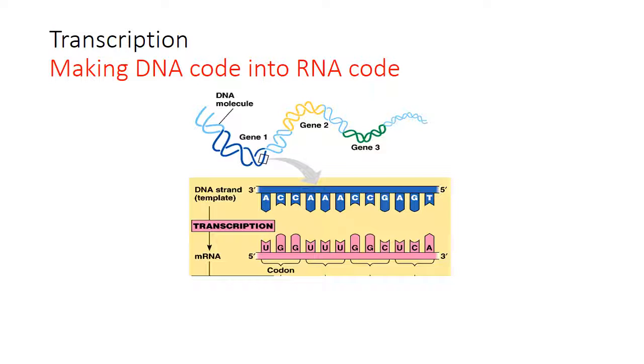So why send out that $1 million blueprint, which is huge to start with, so it couldn't leave the nucleus anyways? Instead, send out a cheap, recyclable, disposable copy of just one or several genes in the form of messenger RNA. Okay, so in the process of transcription, RNA polymerase is going to be copying the DNA template strand.